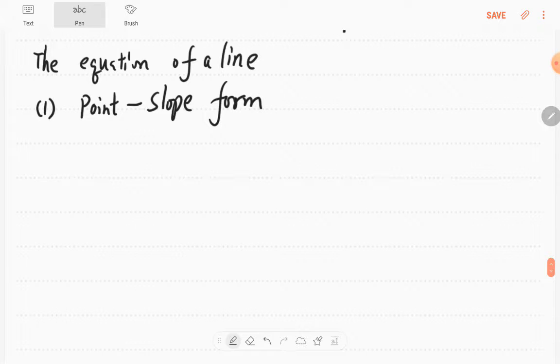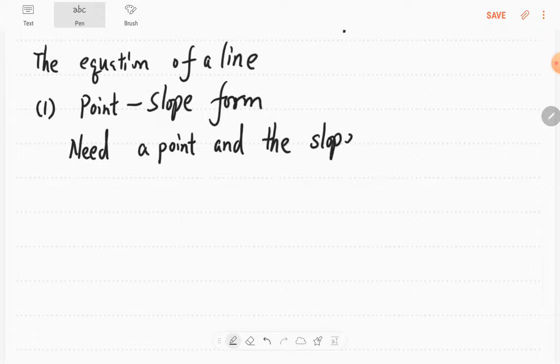In this form, we need to know a point, and we also need the slope. If we have a point and the slope of a straight line, we can always write an equation of this line. So now let's derive it.